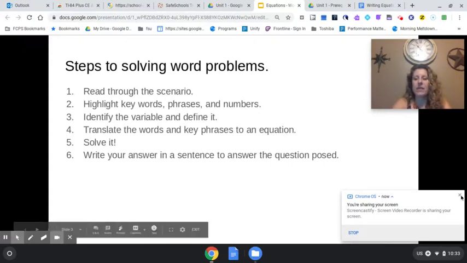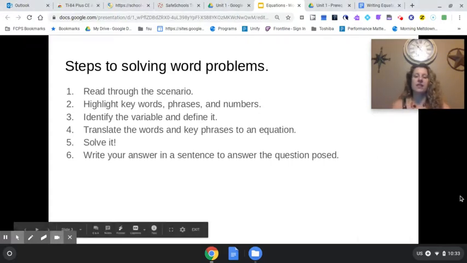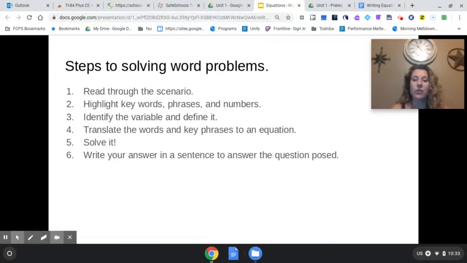All right, so the steps we're going to follow today is first, we're going to read through the scenario, obviously. Second, we want to highlight any keywords or phrases or identify any numbers that are used in the scenario. We want to identify the variable and define it.